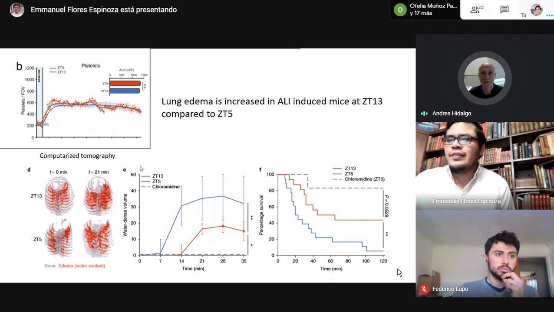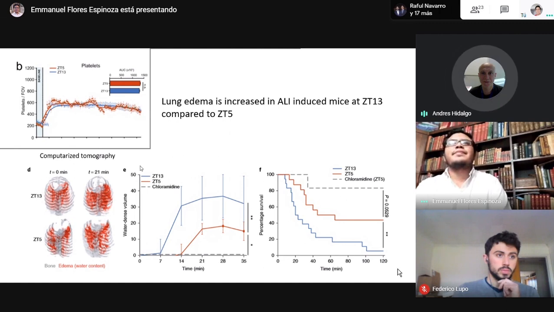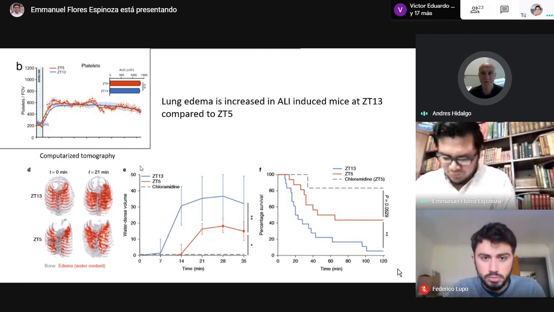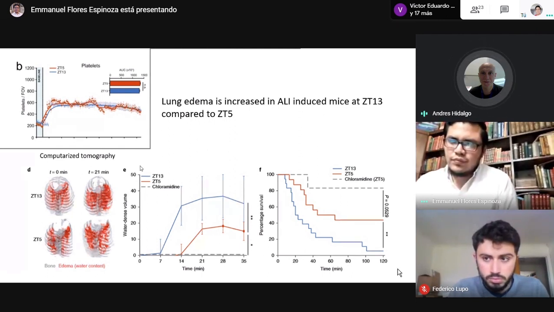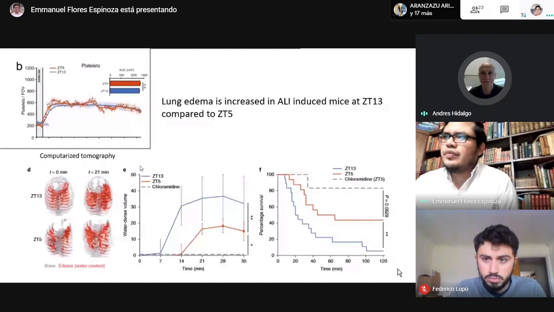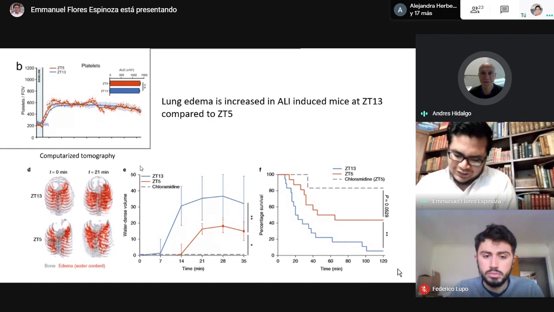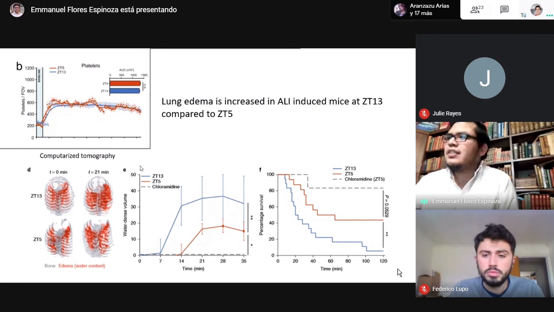Bottom line, that was a project we wanted to work on, but it was so tricky to get reliable readouts. We're looking here at the spontaneous differences day and night, so that makes it tricky to find reliable markers. It's not like when you induce an inflammation or a strong response where it's very easy to read. And with platelet-neutrophil aggregates, we never felt confident enough, we don't have a very obvious phenotype. Okay, thank you. Thank you, Andres.